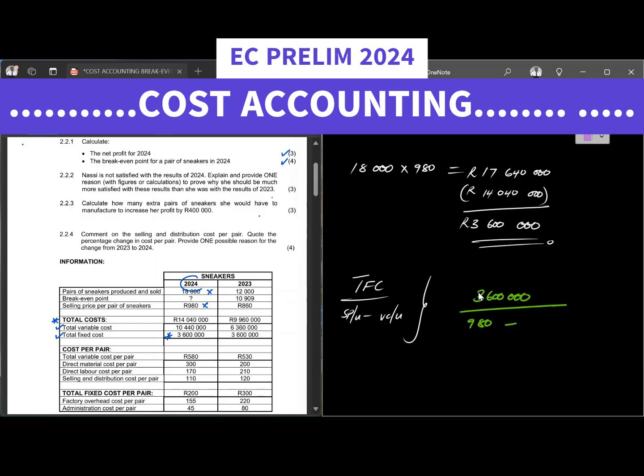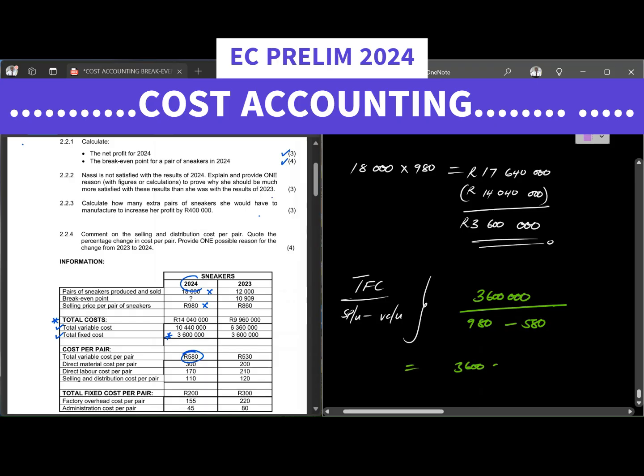My variable cost per unit is 580 over there. So if I put that in my calculator, I'm going to end up with 3.6 million, and then I'm dividing that by 400. In other words, I'm simply saying 980 minus 580, that is 400 over here.